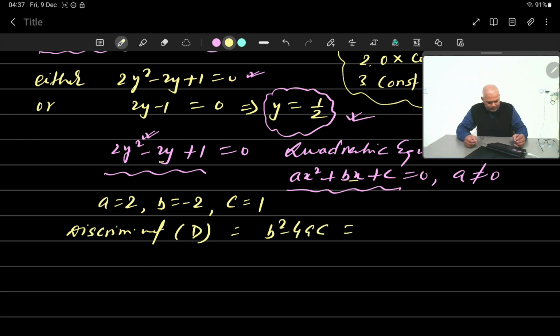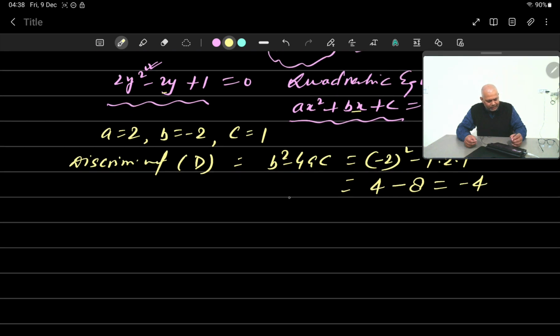Now if you put the values, minus 2 squared minus 4 times 2 times 1, your result will be 4 minus 8, and that is nothing but minus 4. So D is nothing but minus 4 here. So write down here, D equals minus 4.